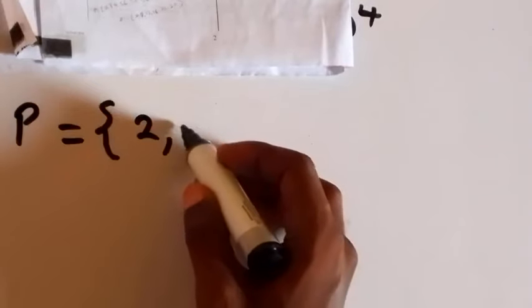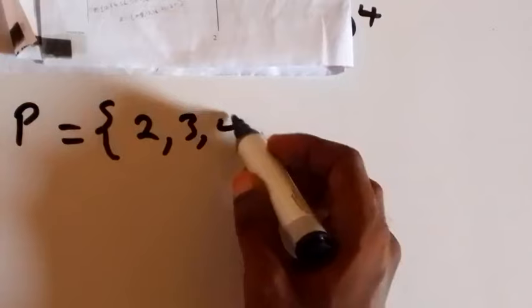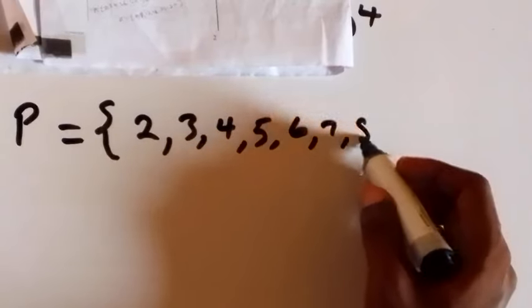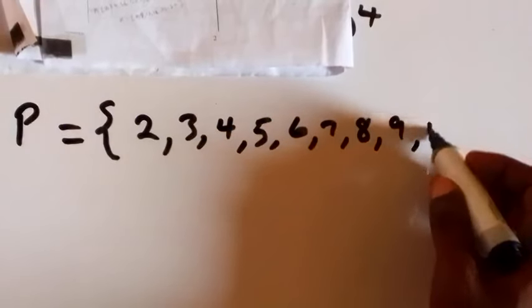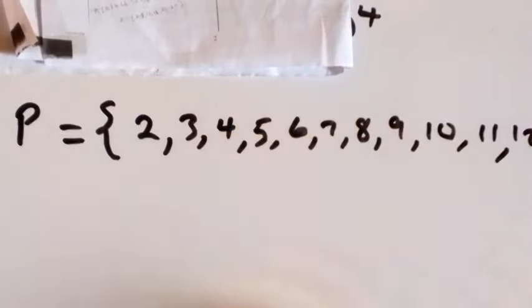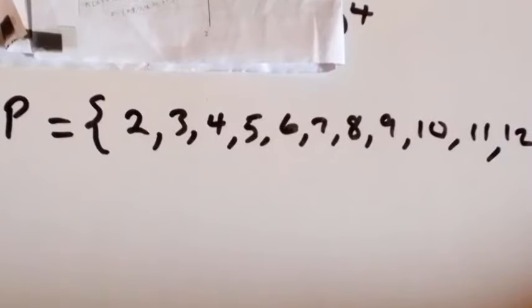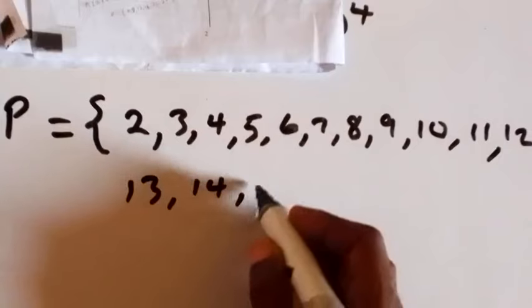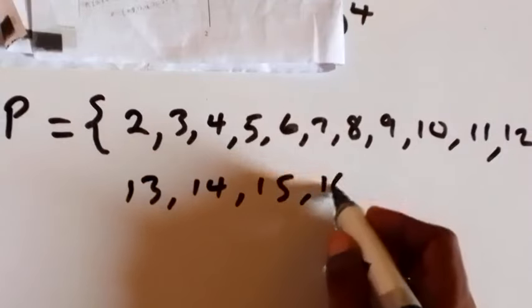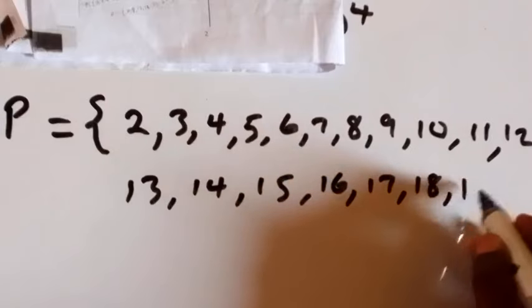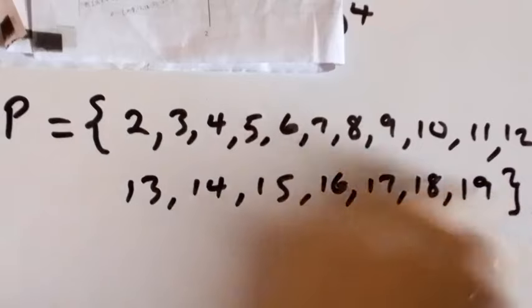That's 2, 3, 4, 5, 6, 7, 8, 9, 10, 11, 12, and so on. We have 13, 14, 15, 16, 17, 18, then 19, since 20 is not inclusive.